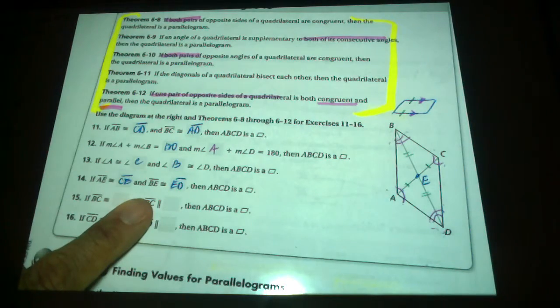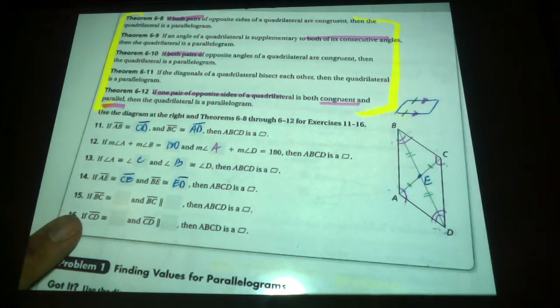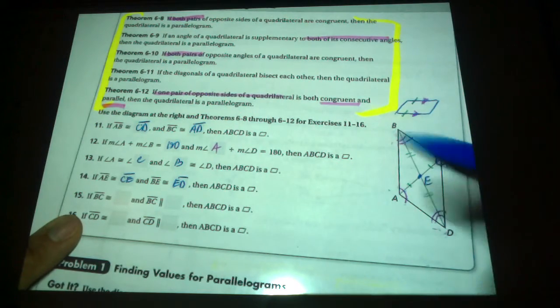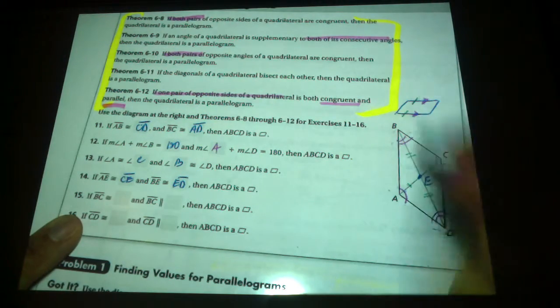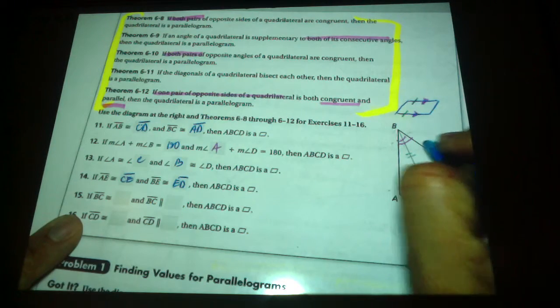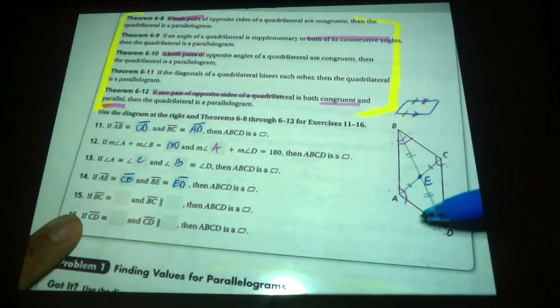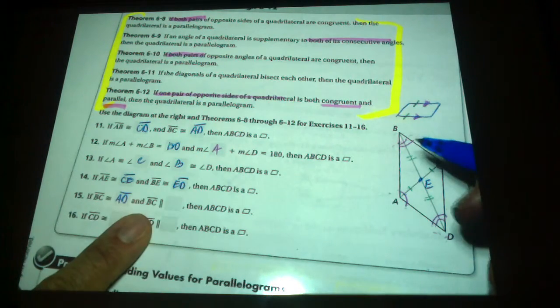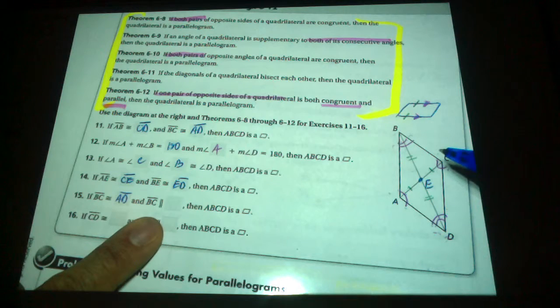Then we have a parallelogram. Here's segment BC. That's this side here. If this side is congruent to this side, which would be AD, and BC is parallel to that.